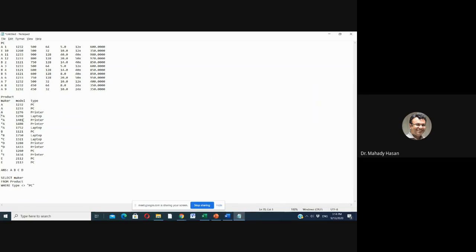So eventually what I'm referring to, let me rewrite or reorganize this particular table again by removing the asterisks. So what I am trying to do here is I want to see which are the PCs, right? So this is a PC, right? This is a model for PC.